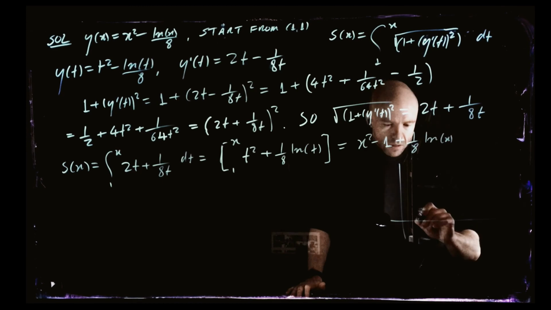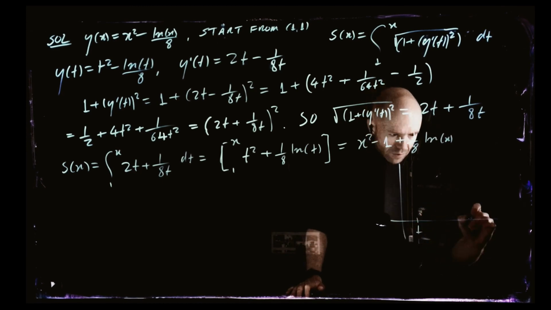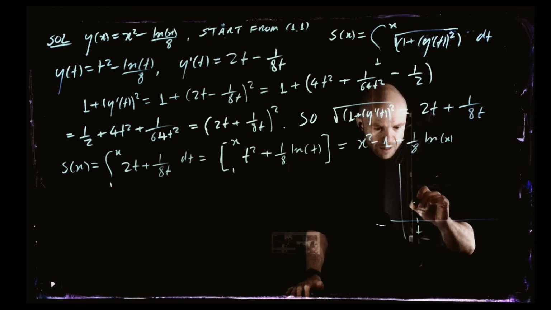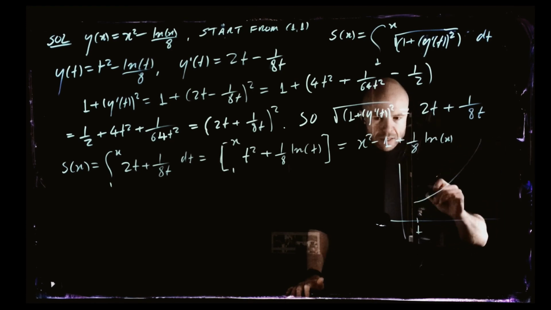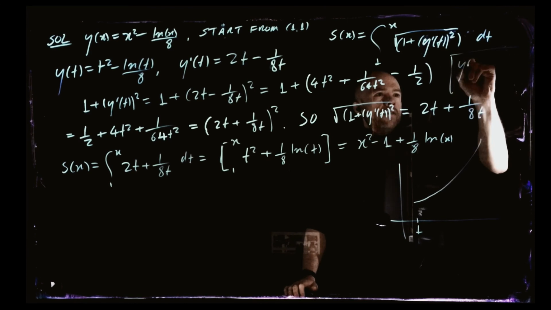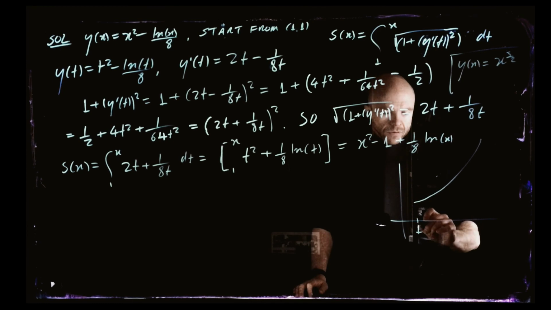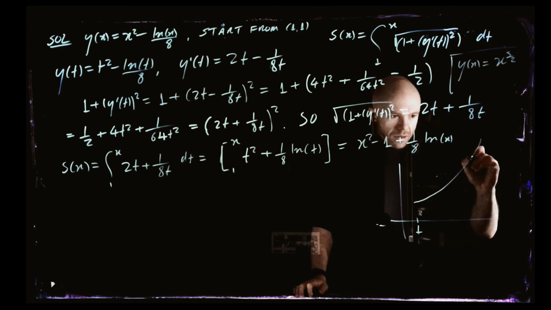So this function is the arc length function, right? We know that our curve is y of x equals x to the 3 over 2, from (1, 1) onwards.